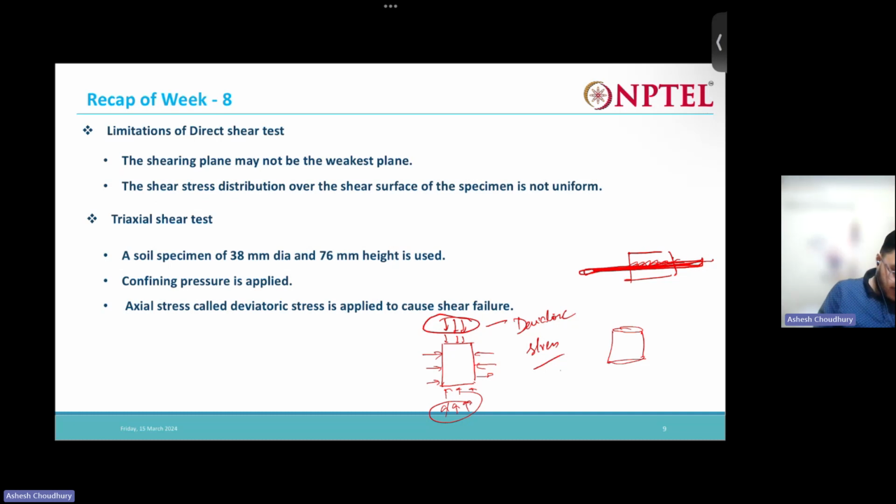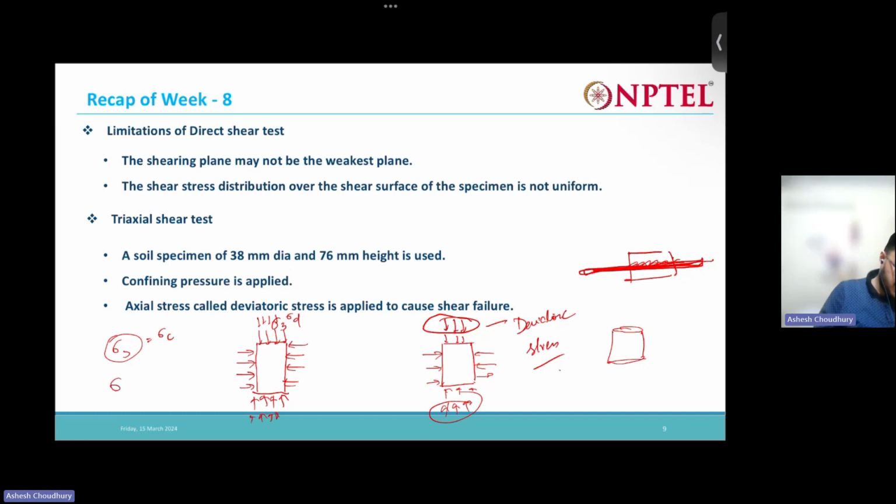So if I draw, this is the sample. First we apply the confining pressure all around, the same confining pressure, sigma 3. That becomes our minor principal stress. After that we apply the deviatoric stress, sigma t.